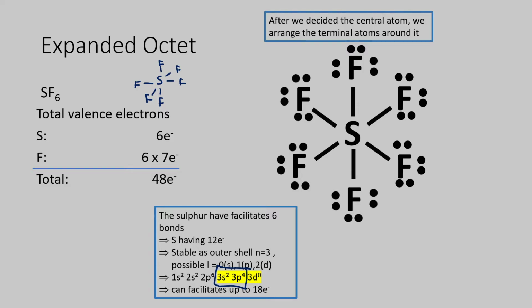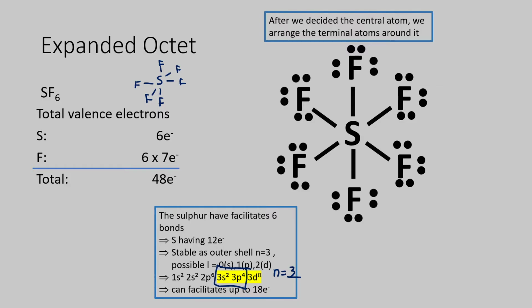But actually, in quantum mechanics, once dia dah masuk shell of n equal to 3, any subshell yang possible untuk n equal to 3 also ada, cuma kosong, cuma tak ada elektron.